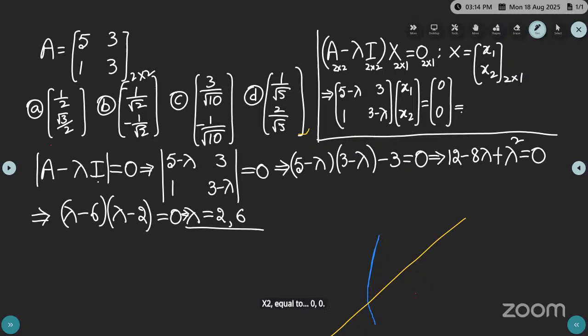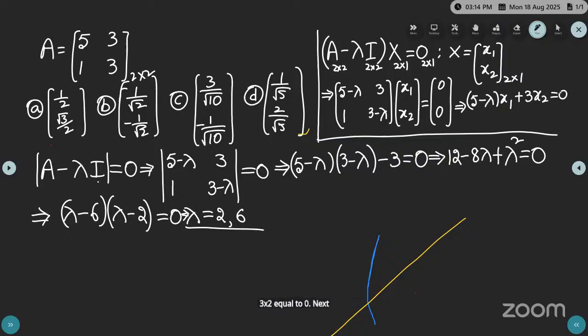This implies what you are getting? 5 minus lambda into x1 plus 3x2 equal to 0.